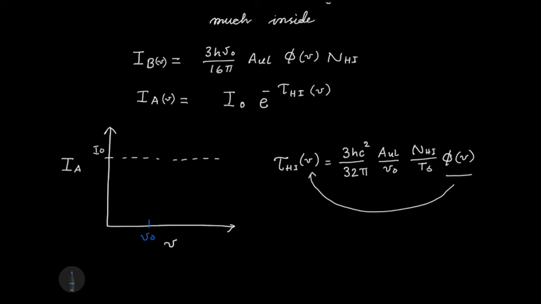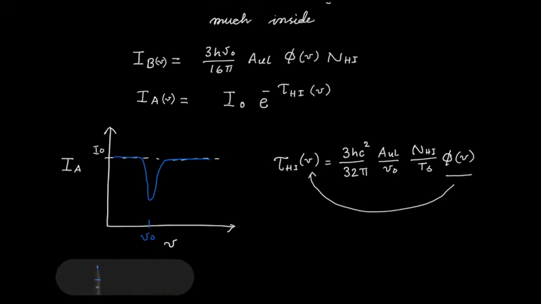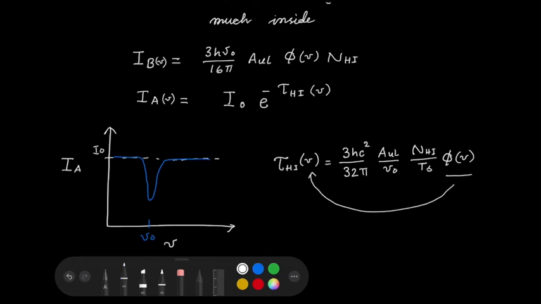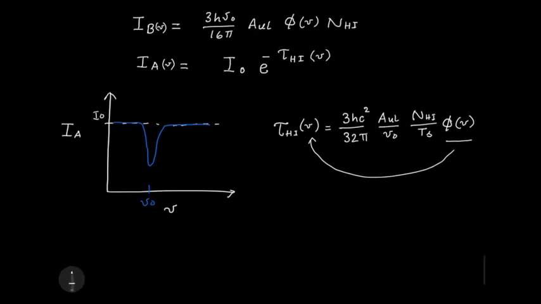And then at the frequency where, say if this is my nu naught, nu equals nu naught, suddenly tau nu will increase, and as it increases it takes away radiation from I0. So this spectral line will look something like this in absorption.